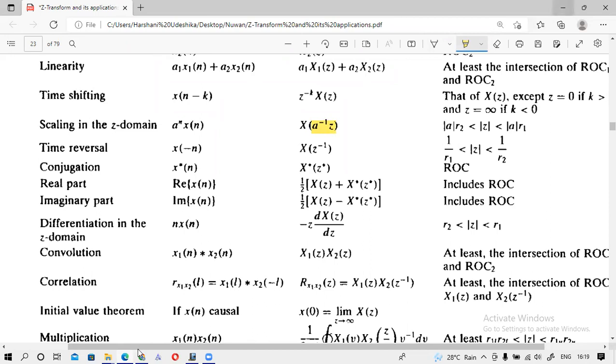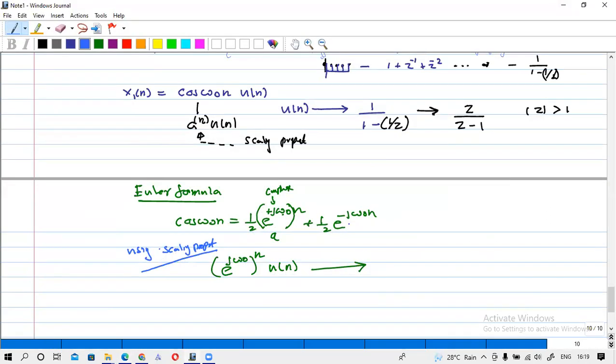So here I substitute this one. This is my a, so I am going to substitute a minus 1 z, that means e to the power minus j omega naught z.